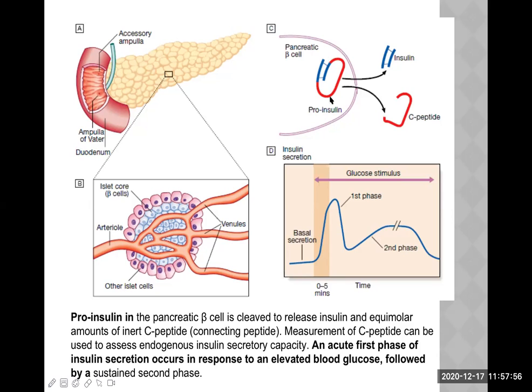Now let's come here. This is C. When insulin is released, it is released as a proinsulin first. Now this proinsulin is degraded, okay, to release insulin as well as C peptide. See here very carefully.